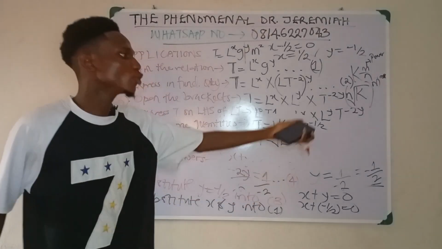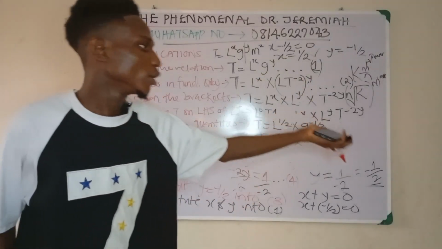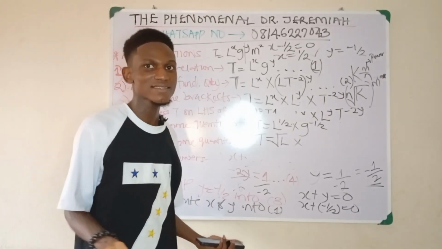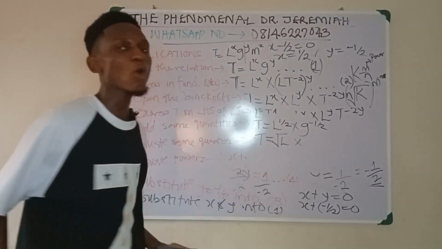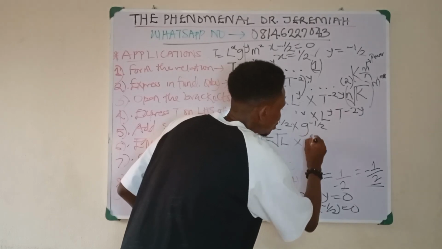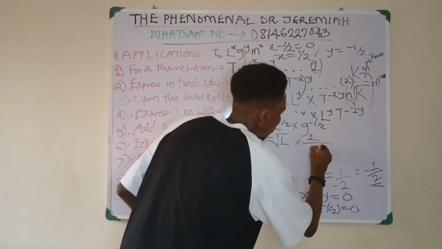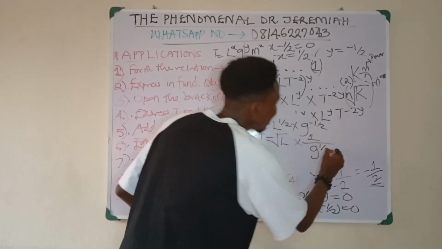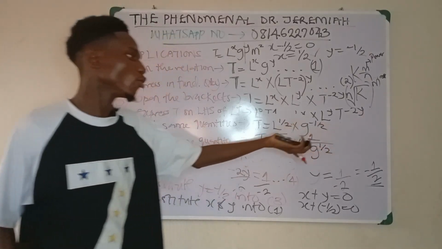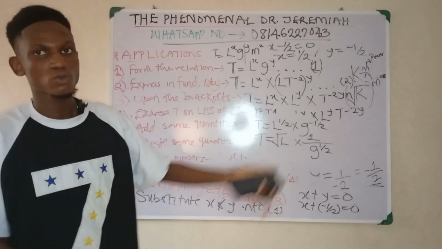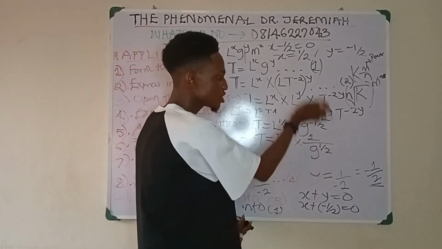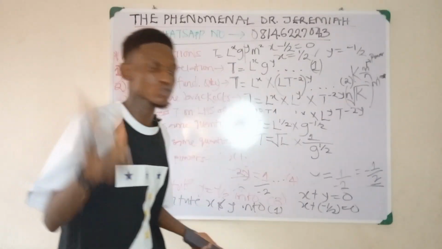Now here you also have root, but take note of something. When you have minus 1 over 2, always bring it back. Always change it to the inverse form, so it will remove the negative sign. So if I bring 1 over g to the power 1 over 2, the minus sign will be gone. But if I'm bringing it up, that becomes g raised to the power minus 1 over 2.